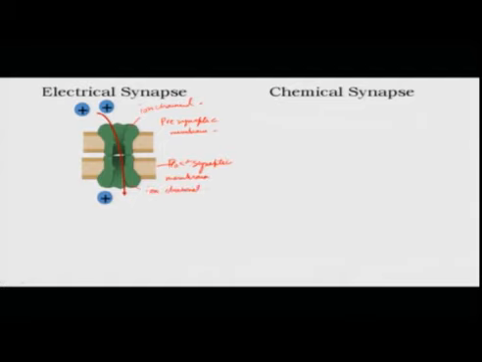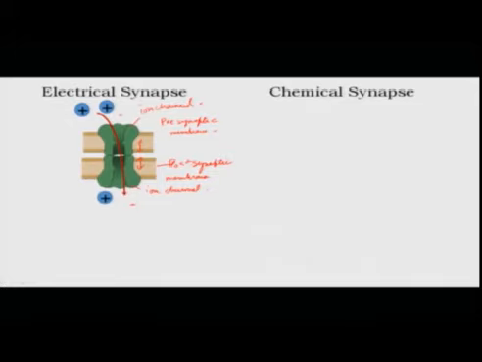Now, as you see, the two ion channels are closely opposed to each other, so that they form an almost continuous pore that is communicating from the interior of one particular presynaptic neuron to the postsynaptic neuron. So, this forms a continuous channel.